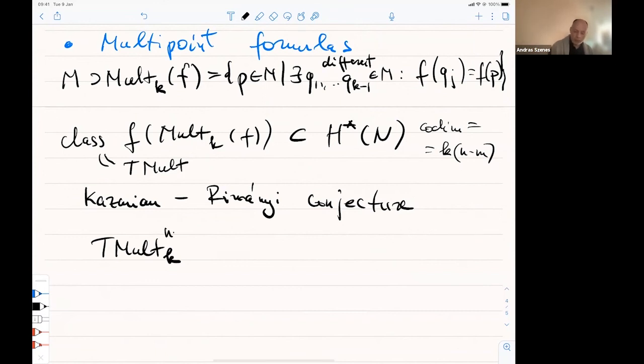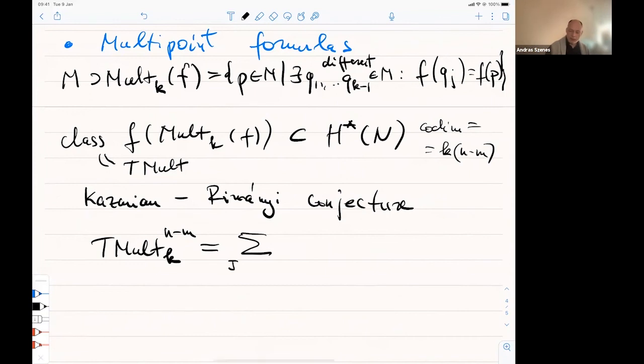Of course, I need to fix the codimension. Now this should be a set of classes defined on the image. These will be some universal formulas again. There is an inclusion-exclusion formula.